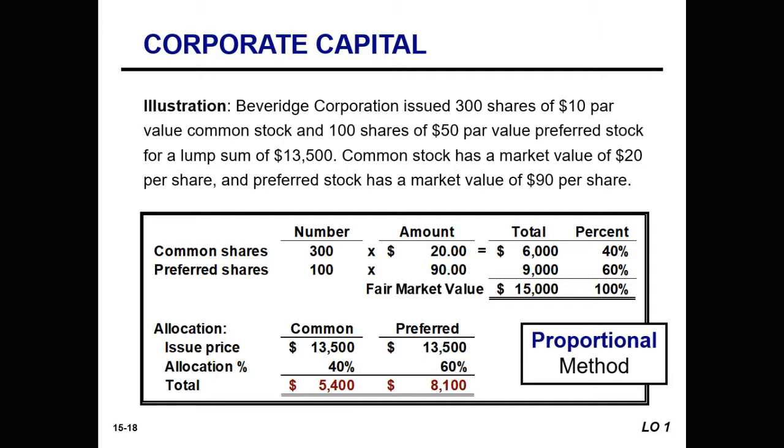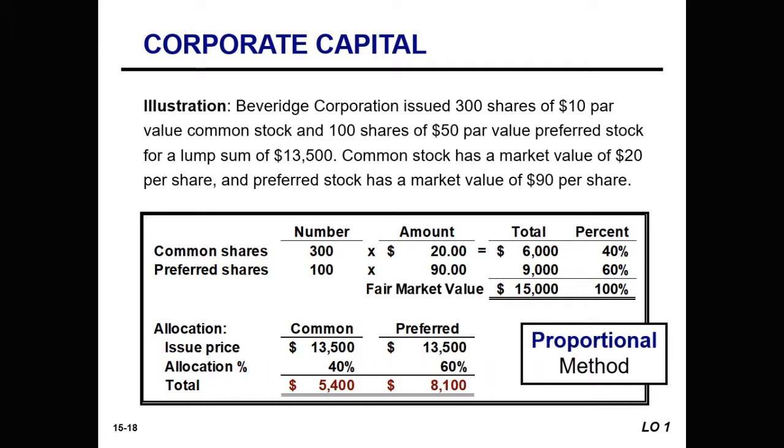Now this can happen sometimes, especially when we are dealing with dealers and brokerages selling a large quantity to a mutual fund, things of that nature. The common stock has a market value of $20 per share, and the preferred stock has a market value of $90 per share.